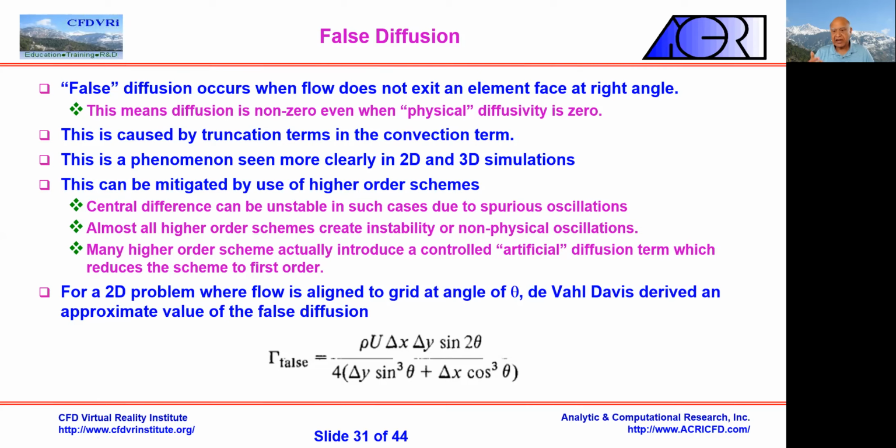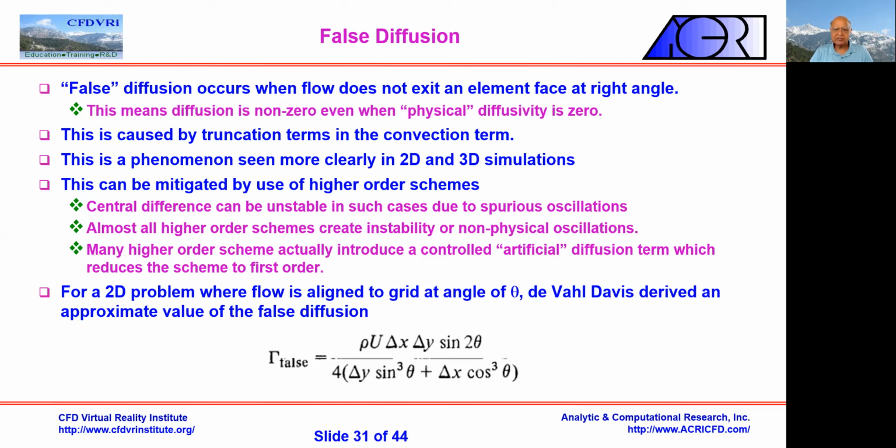There are other terms that can add false diffusion, positive or negative, but the positive diffusion is typically added by the truncation of the first order term. This is seen very clearly in 2D and 3D simulations. Now, of course, we can mitigate it by the use of higher order schemes. Central differences can become unstable, though, if we use higher order differences due to spurious oscillations. One thing to notice is that it's not just central differences, but all higher order schemes create instability or non-physical oscillations.